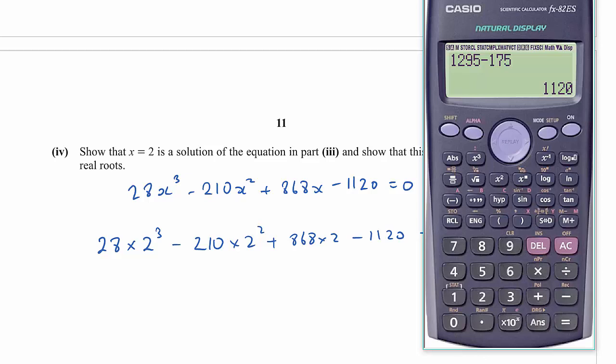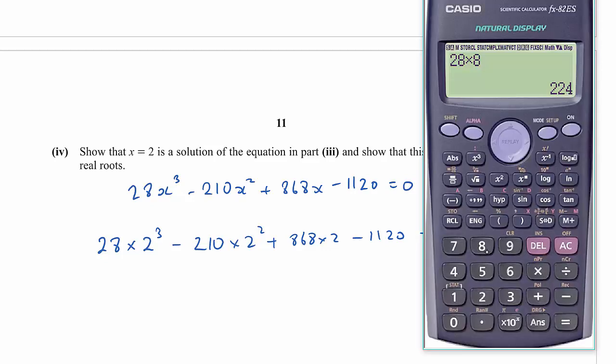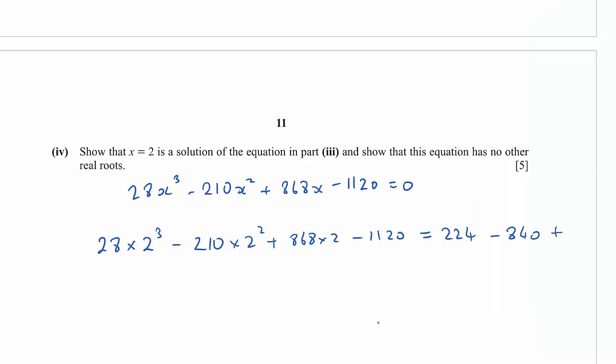Well, let's calculate it. So we've got 28 times 8, 224. Take away, that'll be 840. Plus 868 times 2, 1736. Take away 1120.